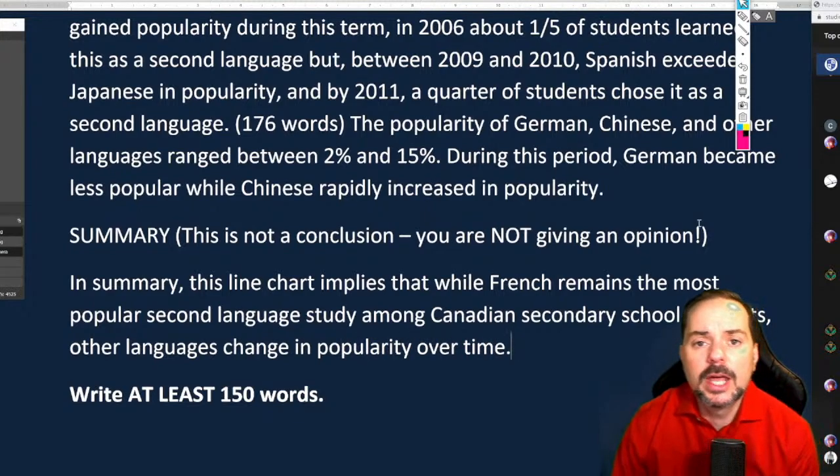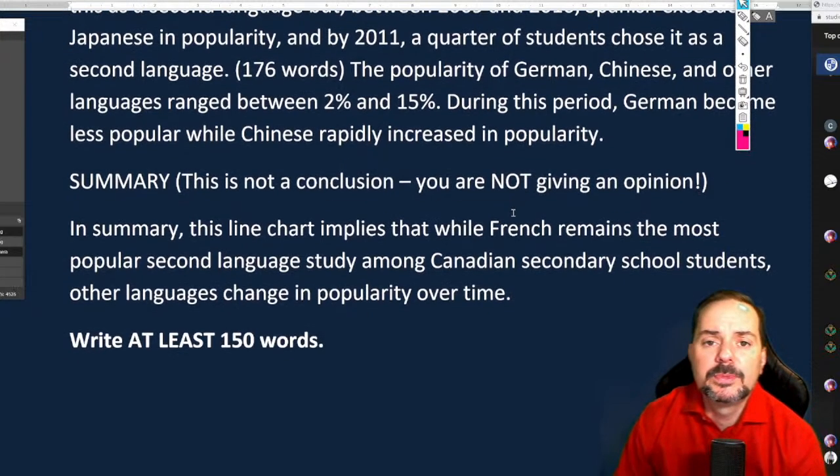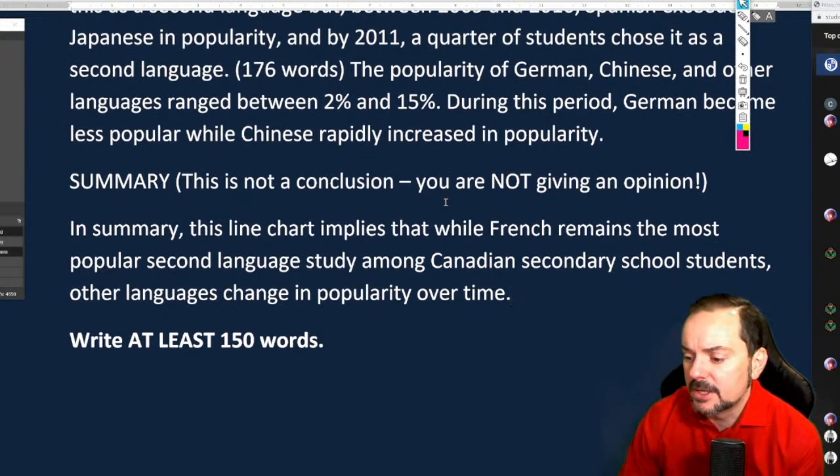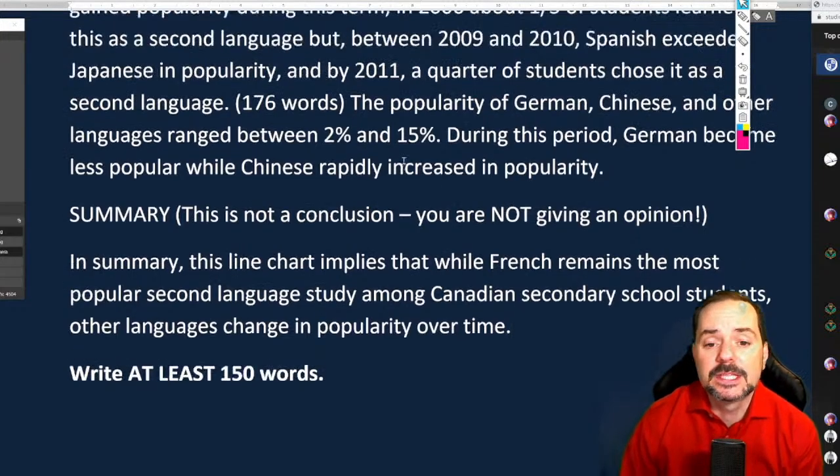Okay, that's all I would summarize. That's the basic information that I can take away from this line graph.